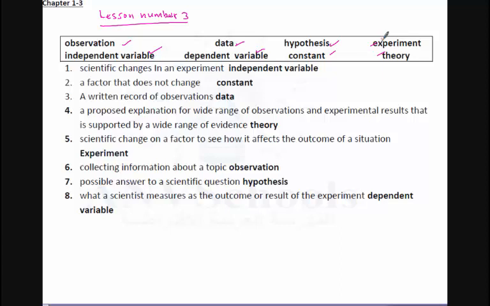Here it says: choose the correct word, use the correct word from the list to complete the statements.